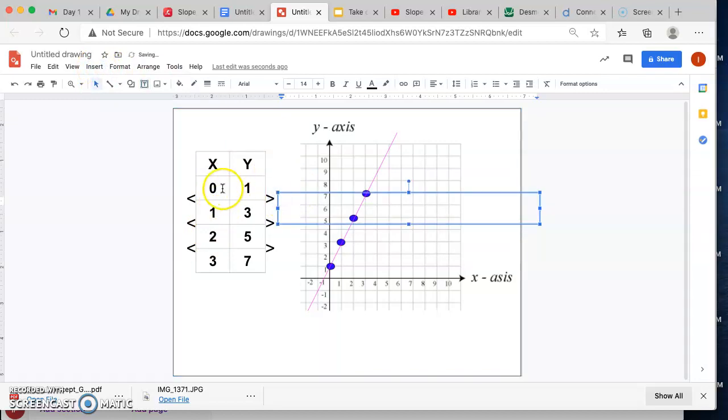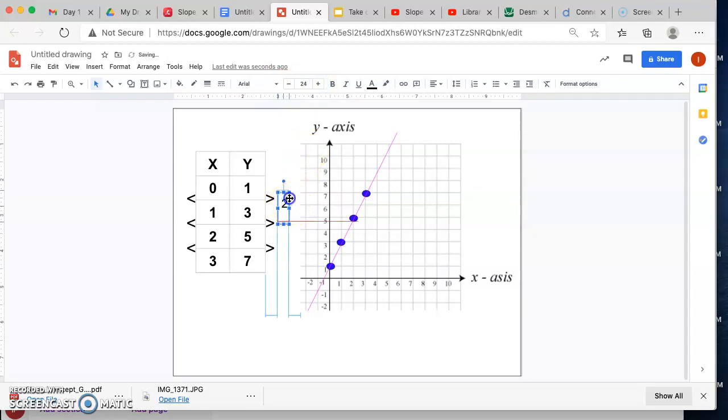Well, from 1 to 3, that's 2, right? Because 3 minus 1 is 2. Let's see if I can make that a little bigger. And from 0 to 1, well, 1 minus 0 is 1. So that's still just 1.